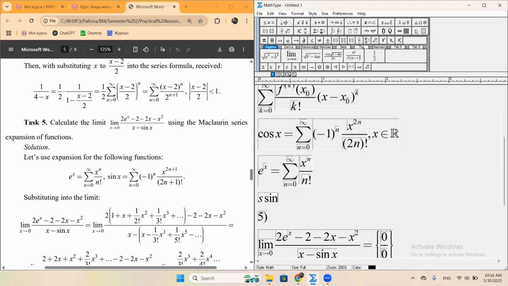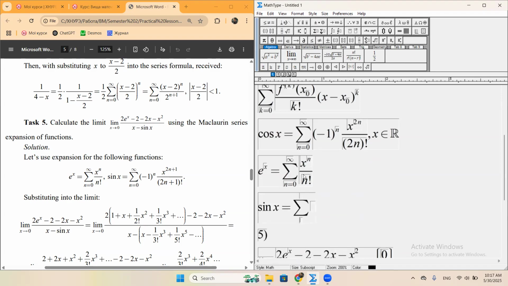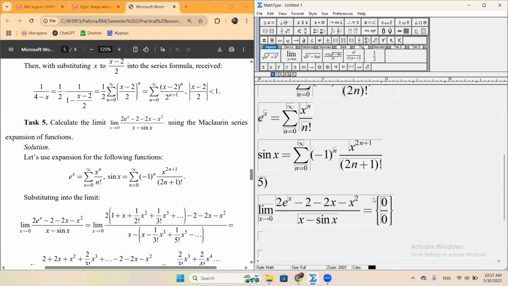Again, we will also expand it. So sine of x will be equal to the following series: n from 0 to infinity, and here we will have odd powers, minus 1 to the power of n, x to the power of 2n plus 1 over (2n plus 1) factorial.